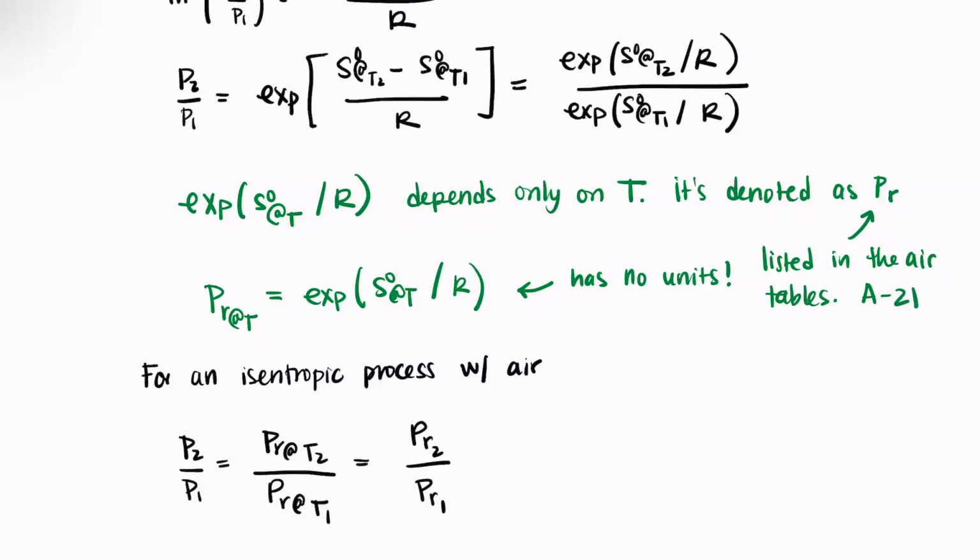I can't remember who it was, but somebody was in my office asking about homework. The question came up, what is the PR in the air tables? I told you to ignore it. Now you don't have to ignore it anymore. So I will highlight this. This is a key result that is useful.